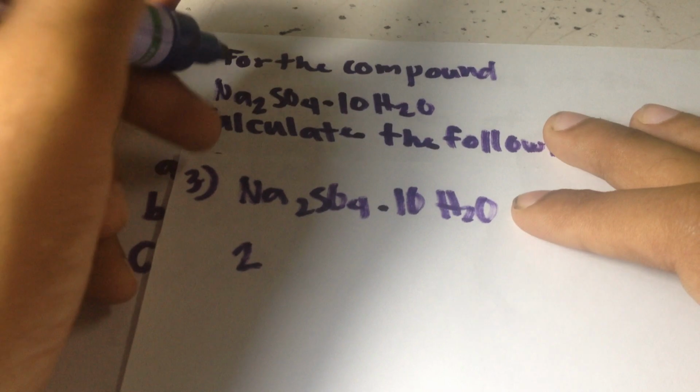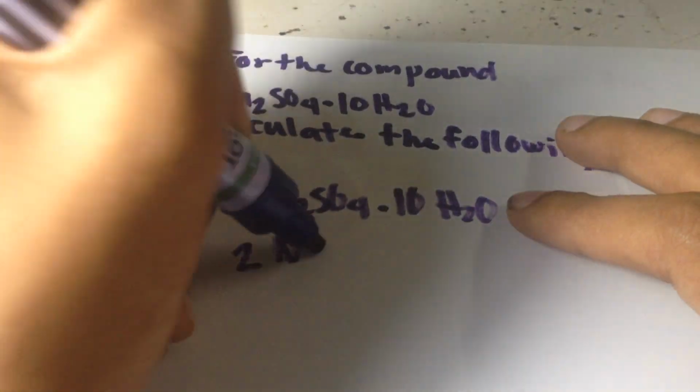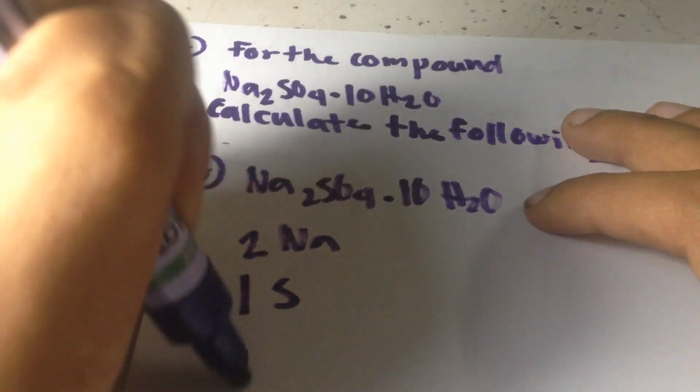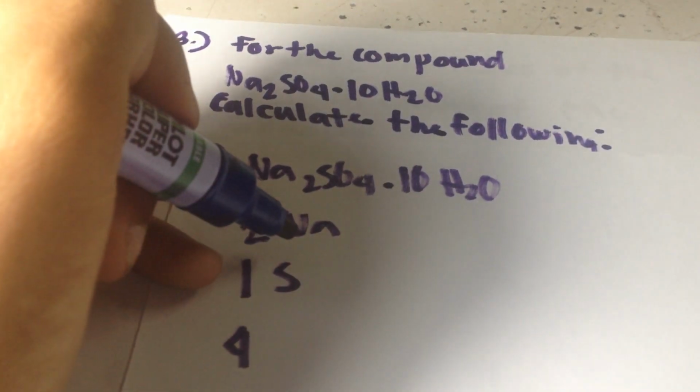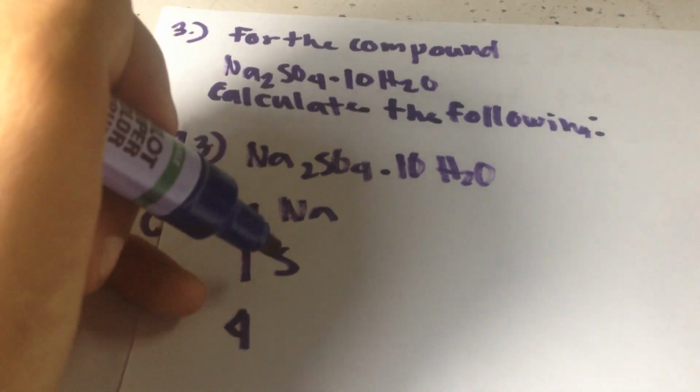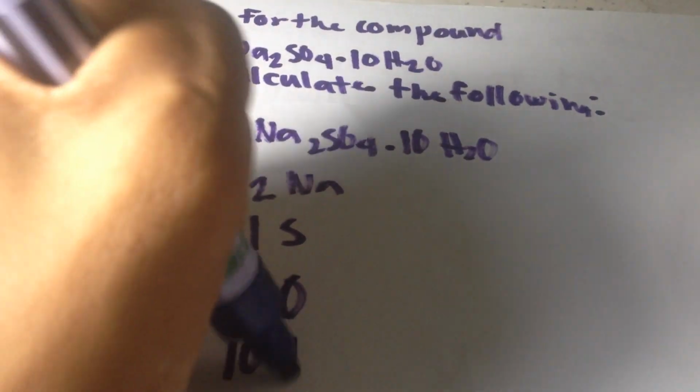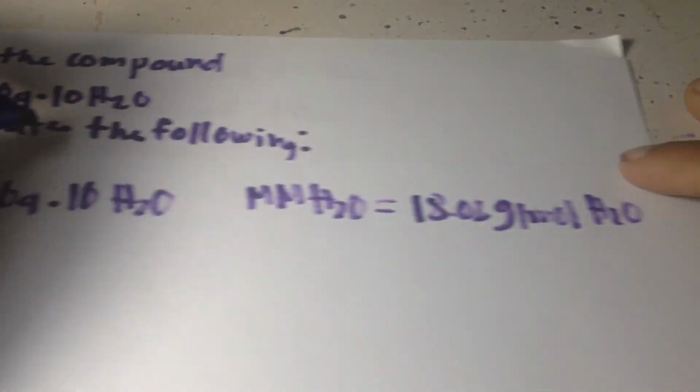So 2 moles of sodium, 1 mole of sulfur, 4 moles of oxygen, and 10 moles of water. So the molar mass of water is 18.02 grams per mole.